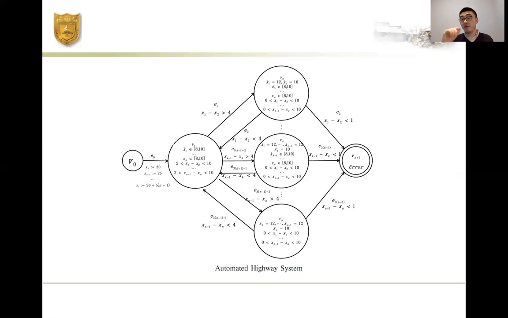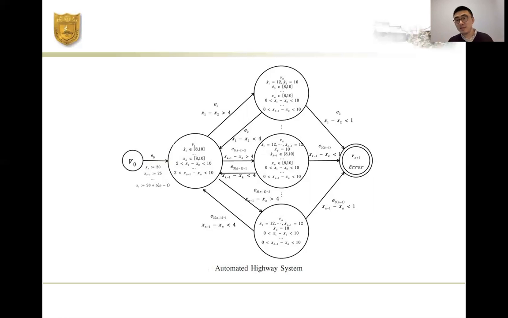If they find that two adjacent cars are too close, then it will ask the car ahead to accelerate and the car behind to decelerate, something like that. So you can arbitrarily enlarge the system by introducing more cars into it.